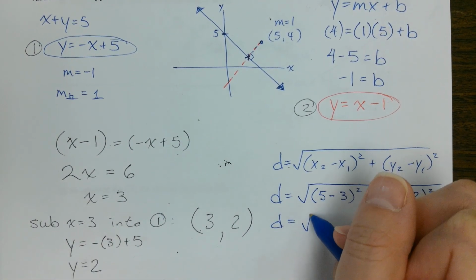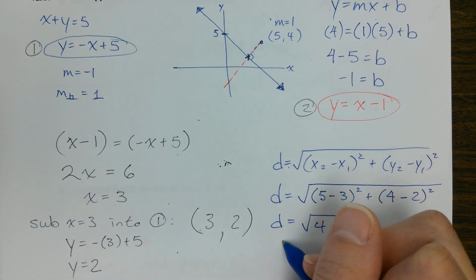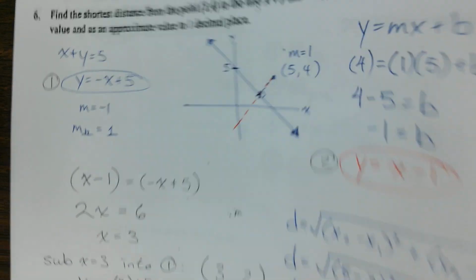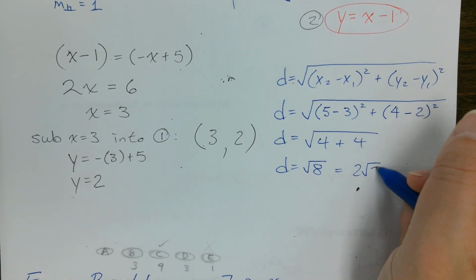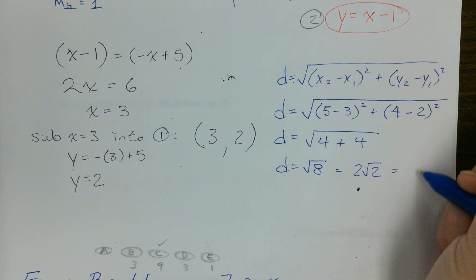So the distance equals 2 squared is 4, 2 squared is 4. So the distance is √8. This would be the exact value. You could also write this as 2√2. You could also write this as a decimal, 2.8.